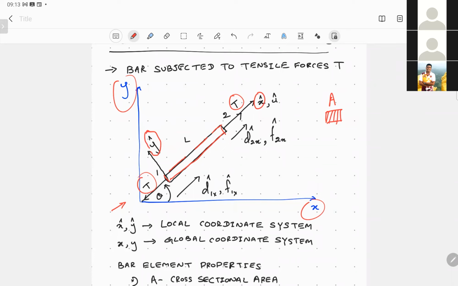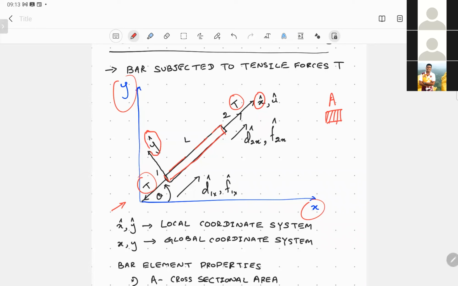Of course, the significance of a global coordinate system won't come up, because the global coordinate system and the local coordinate system can coincide if you are considering a single element. But when you are analyzing a spring bar assemblage or truss assemblage, the structure can be complicated, isn't it? So then you have to consider the overall structure and assume a global coordinate system.